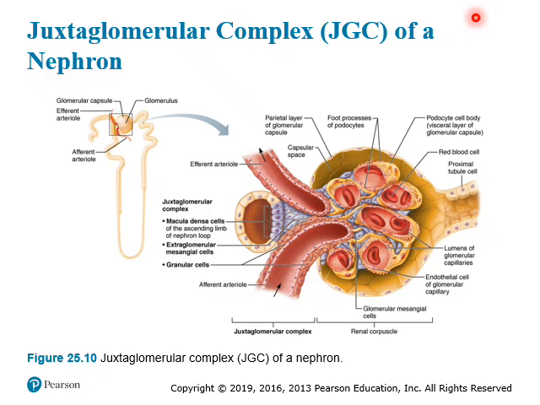So the juxtaglomerular complex involves modified portions, and therefore the cells there, like the macula densa and the mesangial cells, are actually modified.